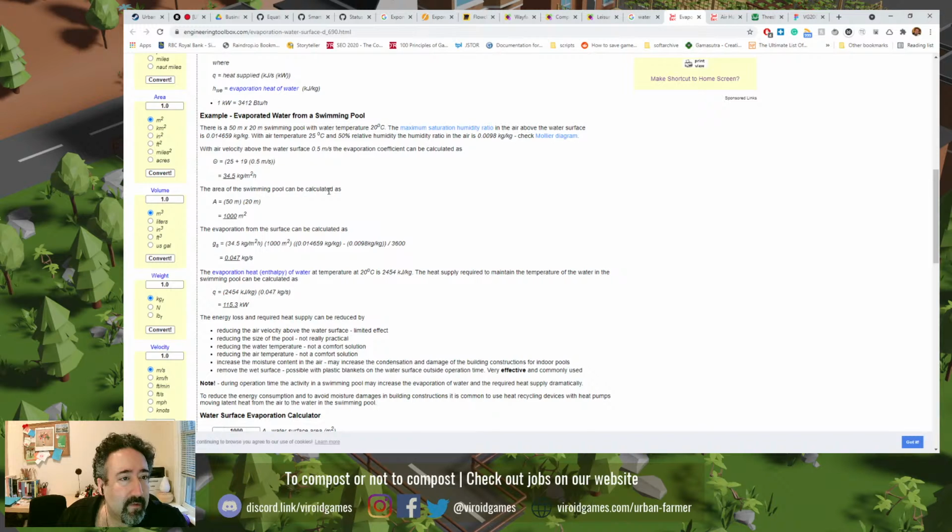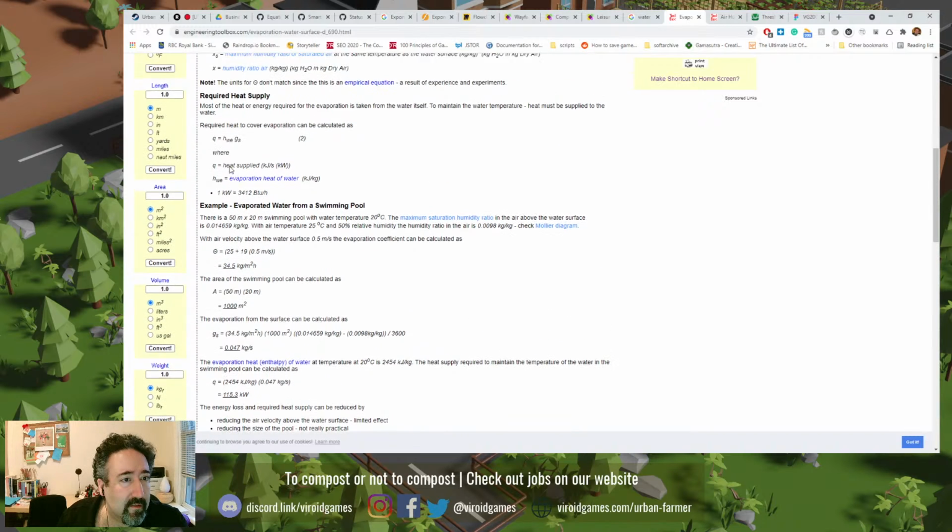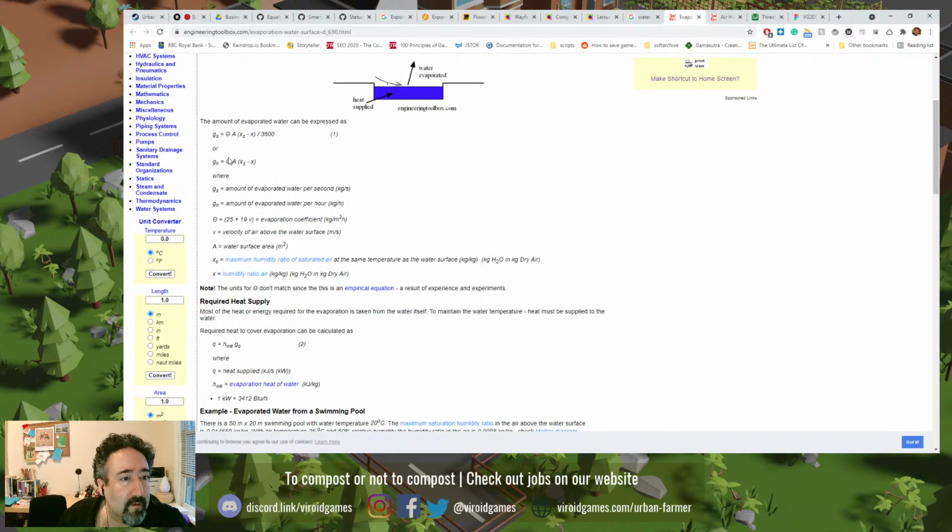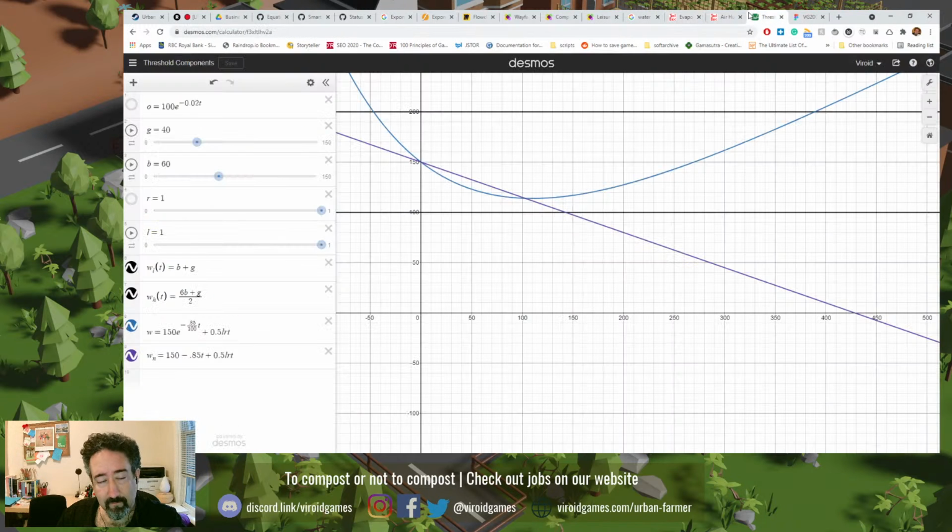So let's try to write this somewhere. Let's go by hour, which is sort of like theta. Theta is the velocity of air above the water surface. I wish there was a way to group these things and sort of close the folder.